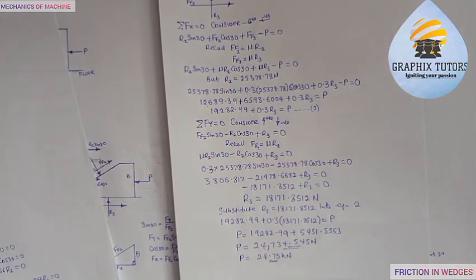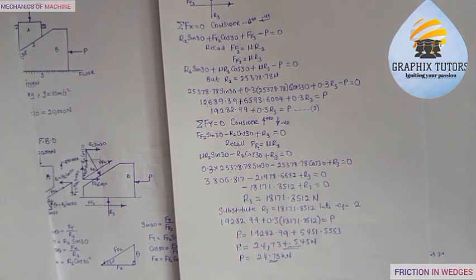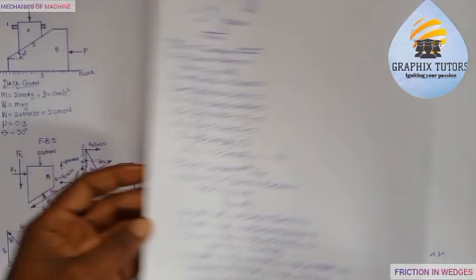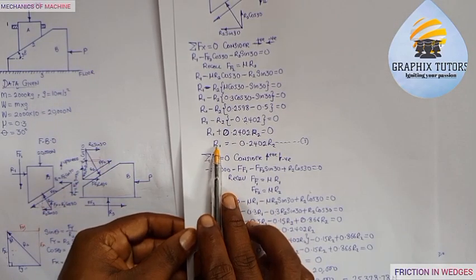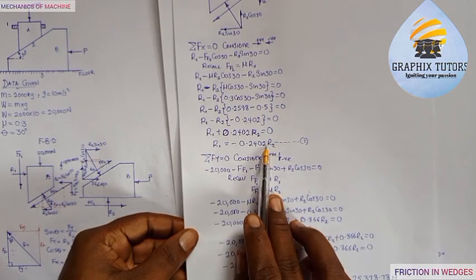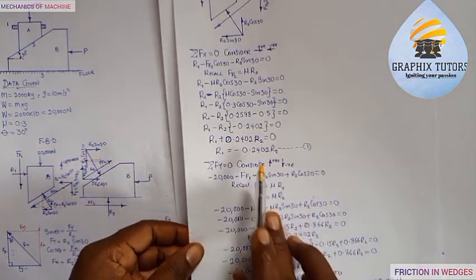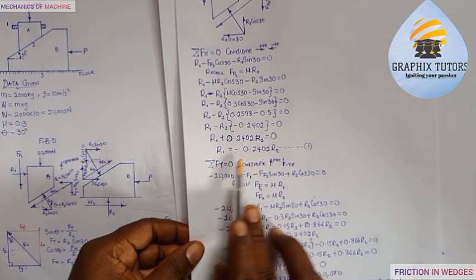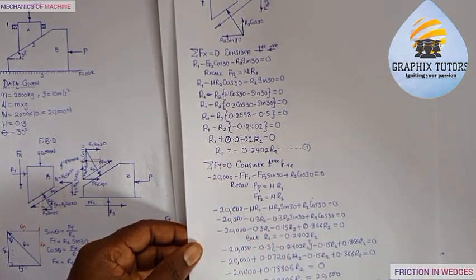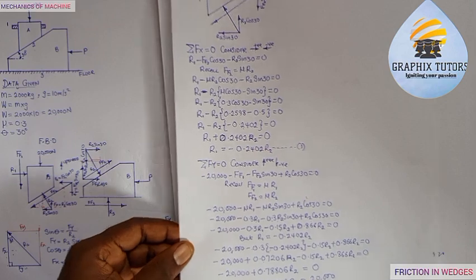So if we're also told to look for R1, for instance, in some cases they might tell you to look for the reaction. Now you realize from this equation here, from wedge A, we have R1 to be this, and we have gotten the value of R2. If I take my R2 and put it in my R1, I'll be having the value for R1. Is that okay now? So this is what we've done.